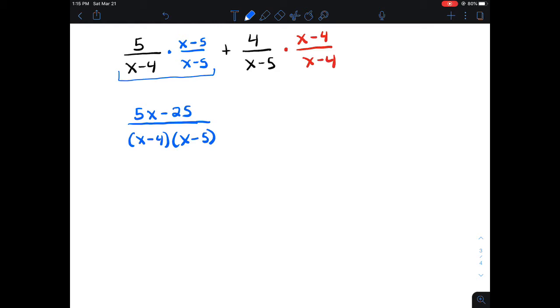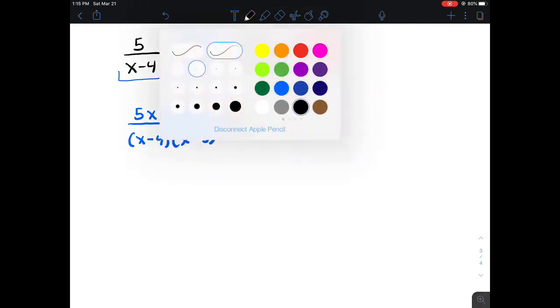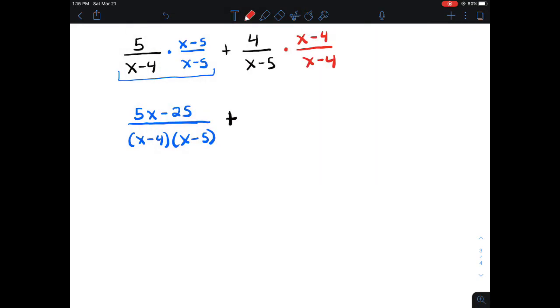And the reason why is we want to leave it in factored form in case we get lucky and after we do all this, we can cancel something out. So now I have plus, and now I'm going to do the same thing for the fraction on the right. So I'm going to distribute the 4. That makes 4x minus 16 over x minus 5 times x minus 4.